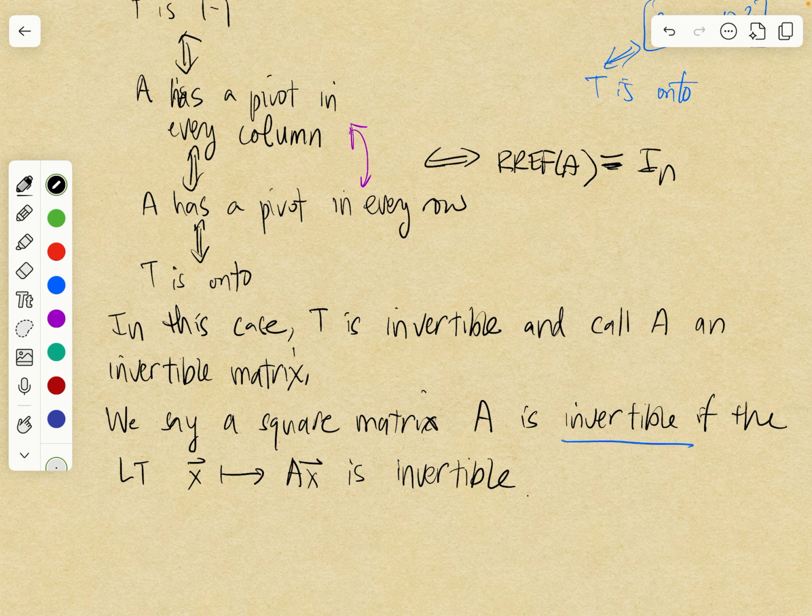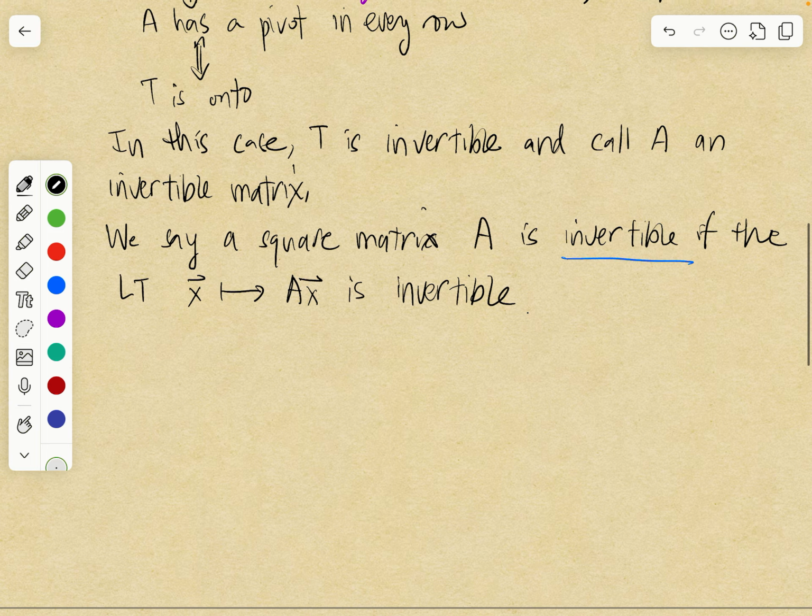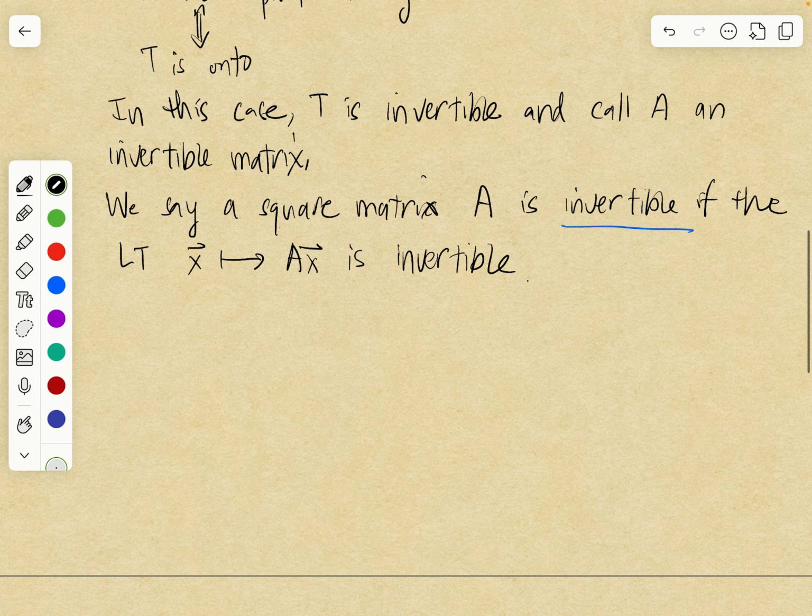And then to get reduced row echelon form, the pivots have to be 1, and so you just get the n by n identity matrix. And vice versa. If the reduced row echelon form is the identity matrix, you have a pivot in every row and column, so the matrix is invertible. So we can already see, if you're given a matrix, how to tell if it's invertible or not. Find the reduced row echelon form. If you get the identity matrix, the matrix is invertible, otherwise it's not invertible.